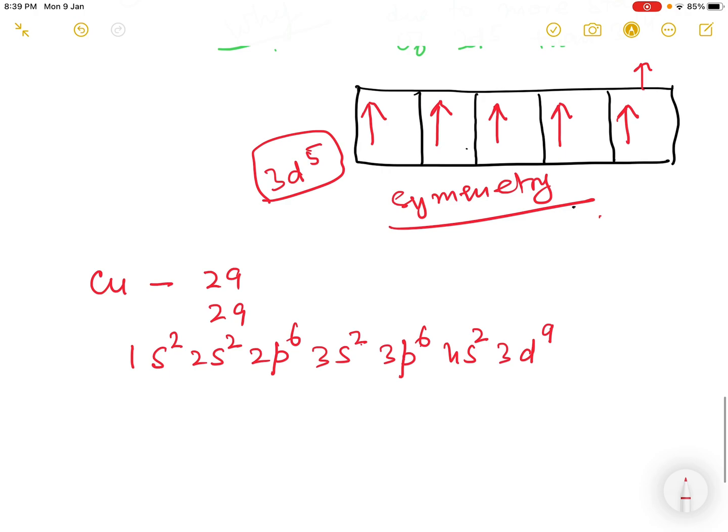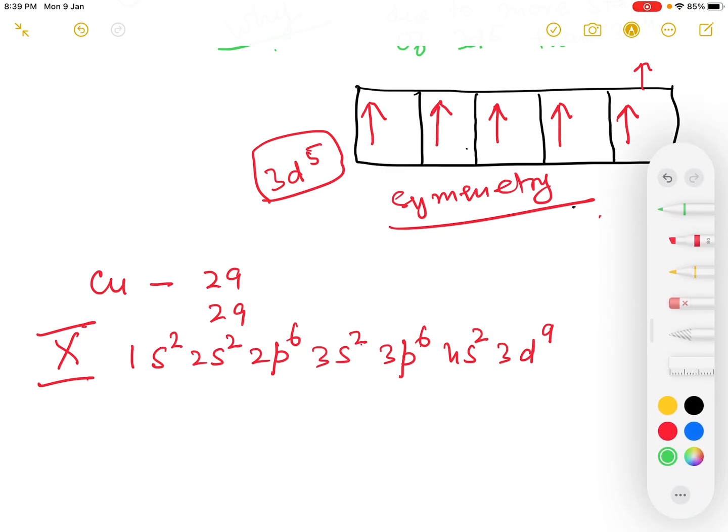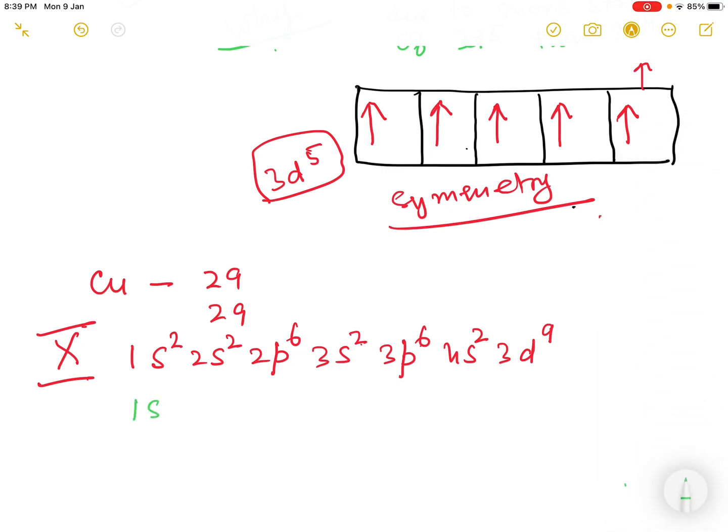But again, this is not correct. The correct one is 1s2, 2s2, 2p6, 3s2, 3p6, 4s1 and 3d10.